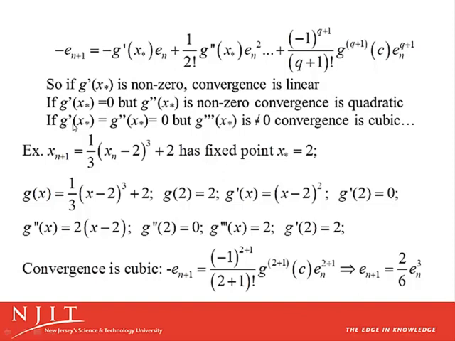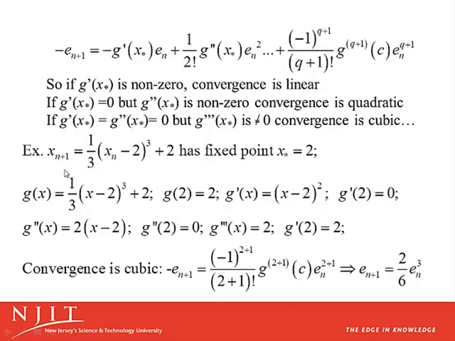If g prime and g double prime at the fixed point are both 0, but g triple prime is not 0, then q is 2, and we have that the error at the new term is related to the third derivative of the function of g times the error at the previous term to the third power, and convergence is cubic.